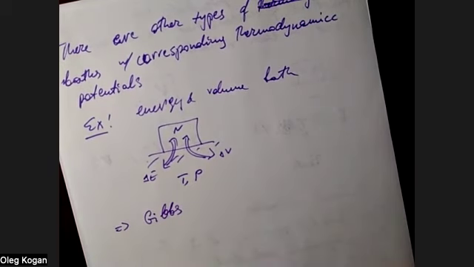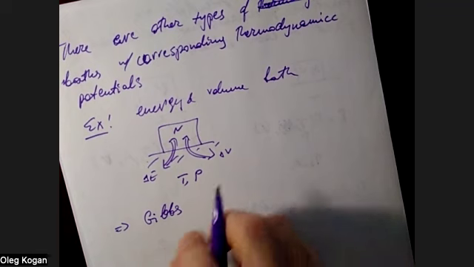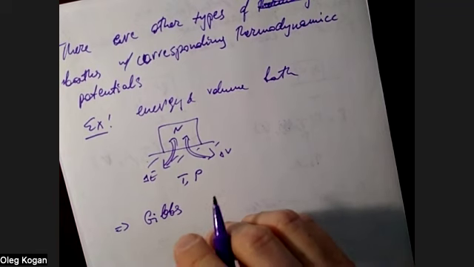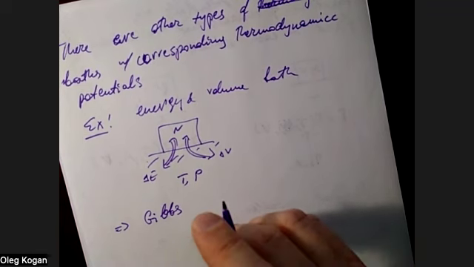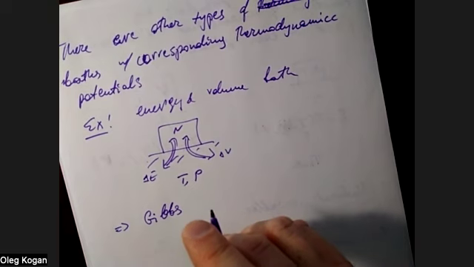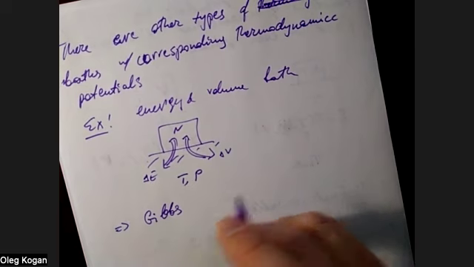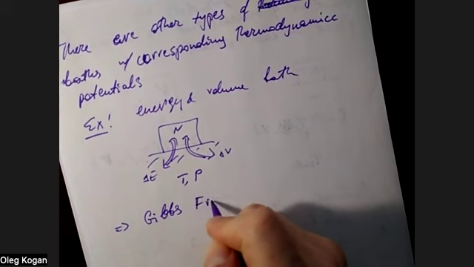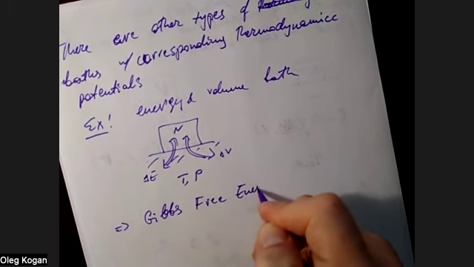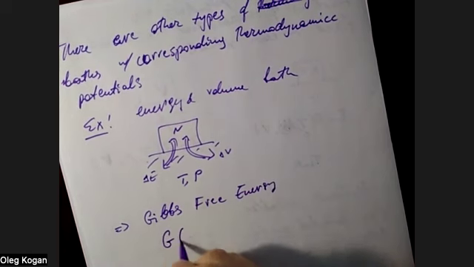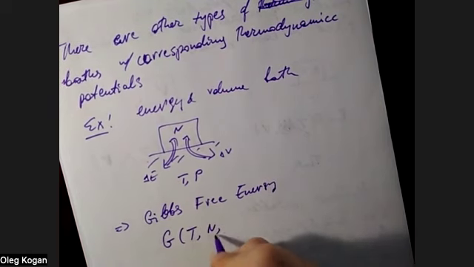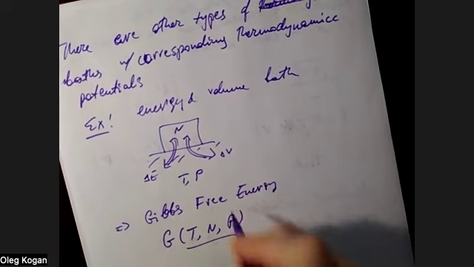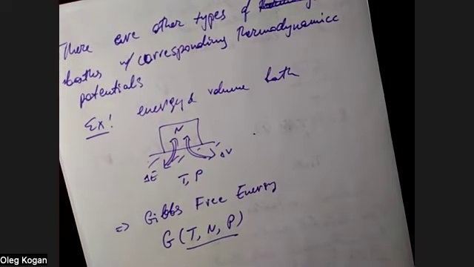Not to be confused with Gibbs distribution, the script Z, which corresponds to the grand canonical situation with the exchange of particles and energy. So this is called Gibbs free energy, G, and it's a function of T, N, and P. So these are the natural variables for this type of situation.